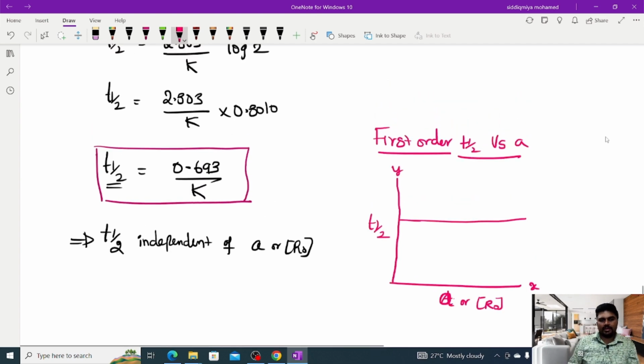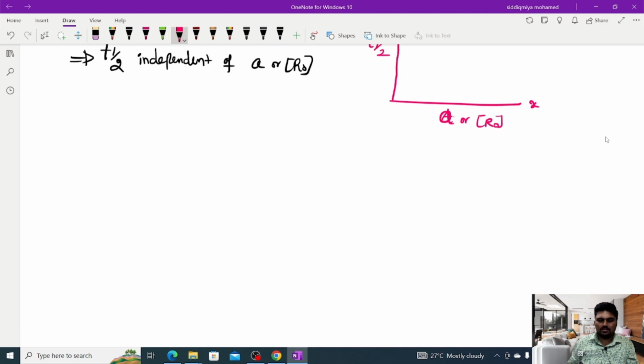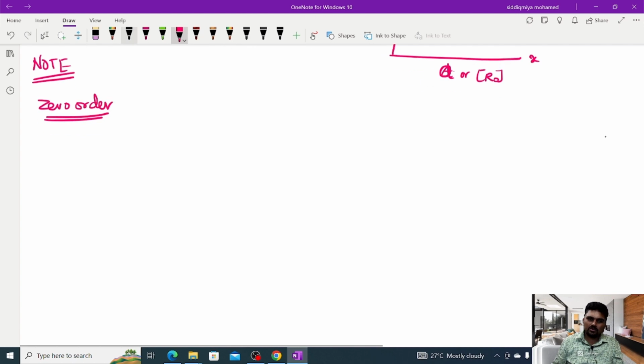Next, we will understand this half-life concept in common terms. Note, I will compare the T half of a zero order with first order. Listen carefully. First we will see zero order. In zero order, what happens?